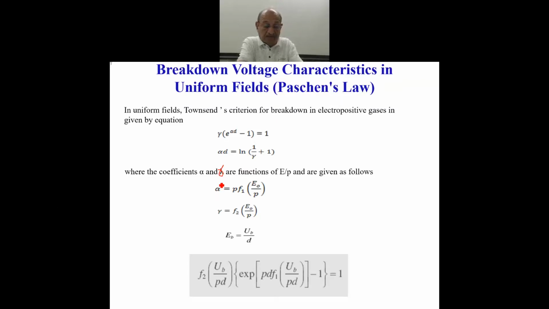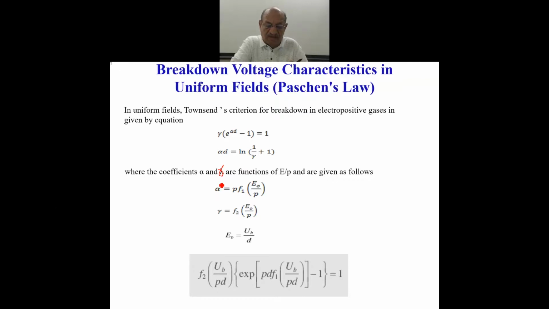This is followed for electropositive gases. This has been derived for electropositive gases, but it has been also verified for electronegative gases. Mind it, we consider the atmospheric air to be electropositive because oxygen is a very weakly electronegative gas.